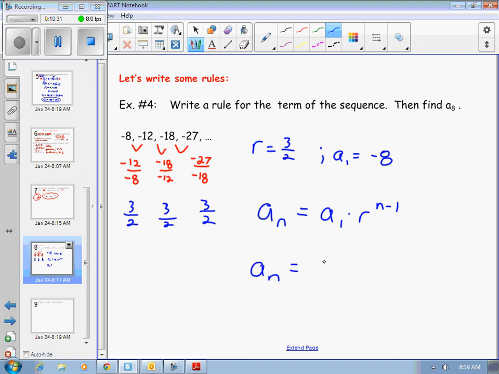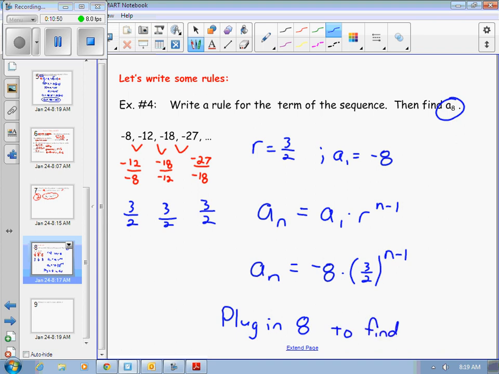Just fill in the blanks. -8 times, and that's always a good idea to put your factor in parentheses, and that would be the rule. We'll bypass the need to find a8. You would just plug in 8 to find a8, and that's going to become old habit for you before long.